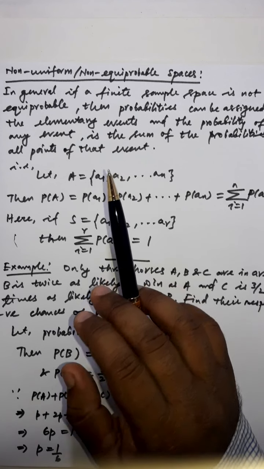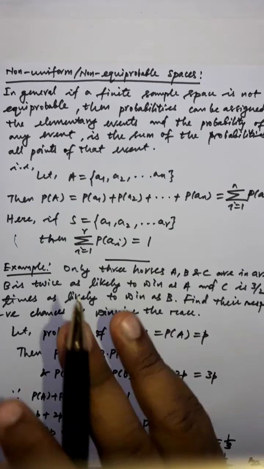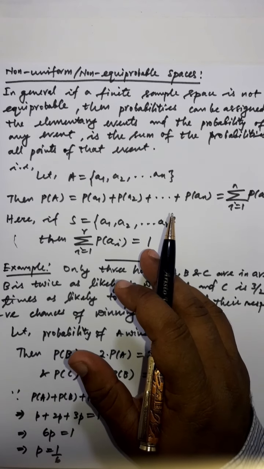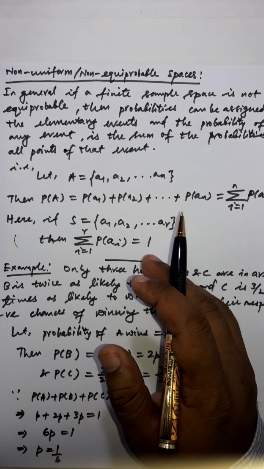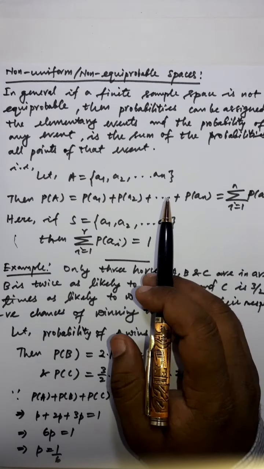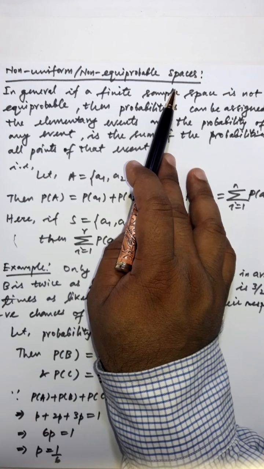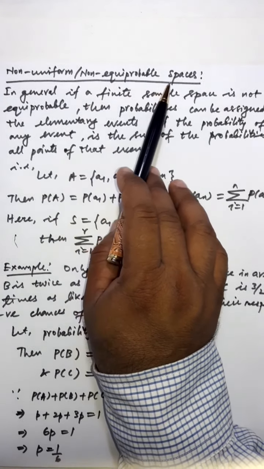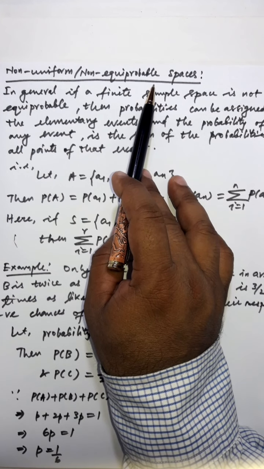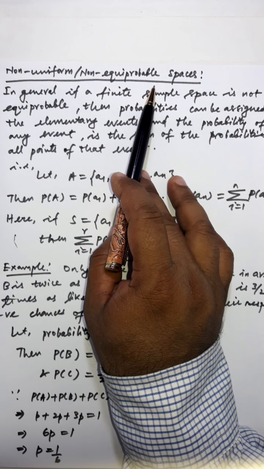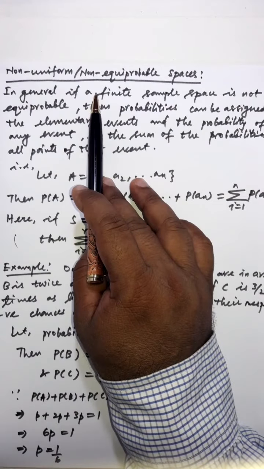That means the chance of getting head or tail is not equal to the chance of the other side. Then it creates a non-uniform or non-equiprobable space. So non-uniform or non-equiprobable spaces are the sample spaces where the elements do not carry equally likely cases. They don't carry equal chances of probability or equal chances of happening.